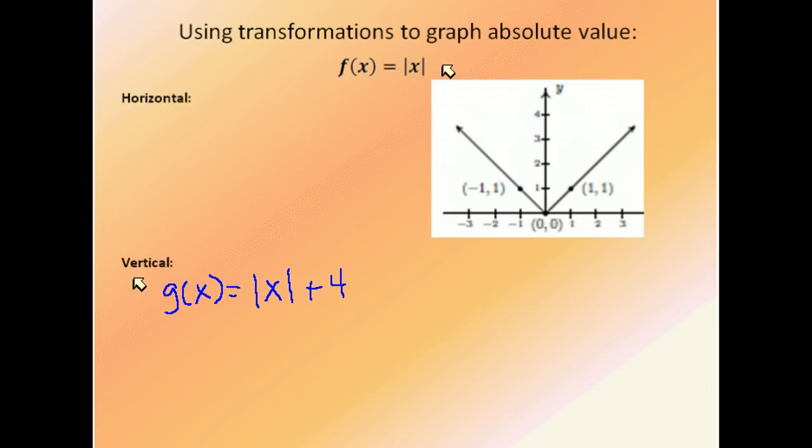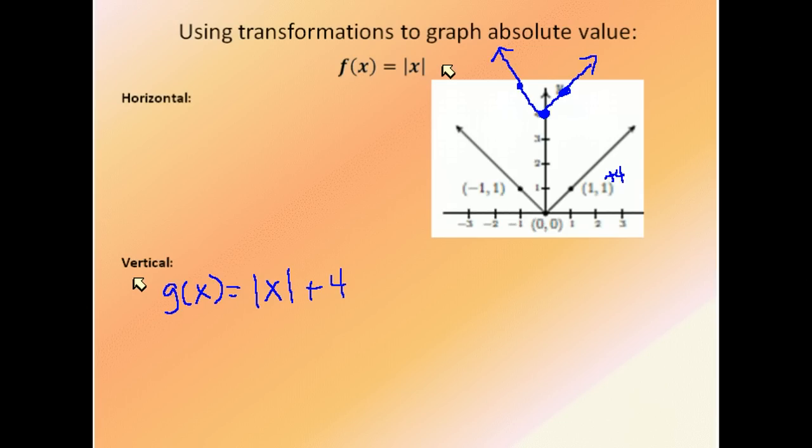A plus 4 would move my graph up 4, or add 4 to all of my y values. So now my 0, 0 is up 4. My 1, 1, I add 4 to my y values. Again, anything outside changes your y values. Okay, my negative 1, 1 would be at negative 1, 5 up here. Okay, so I've just taken that v and I've moved it up 4.